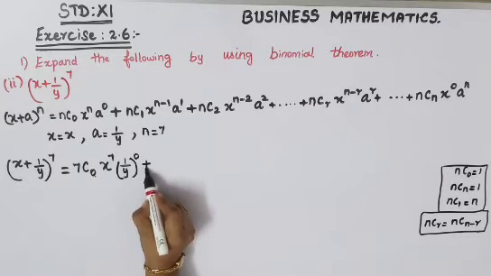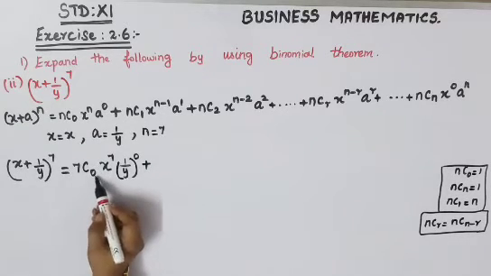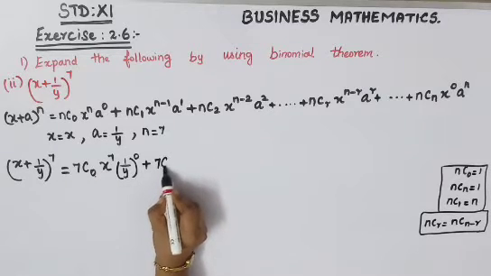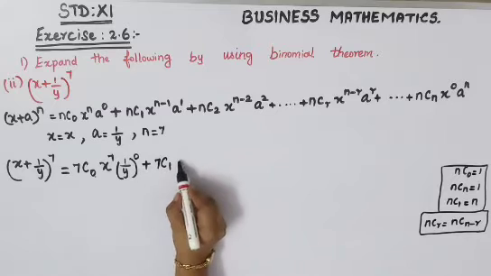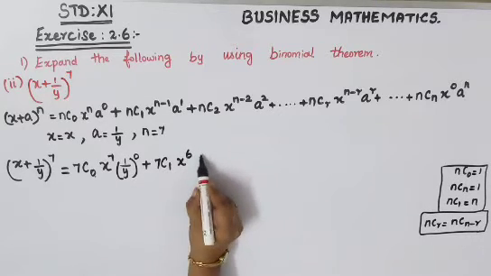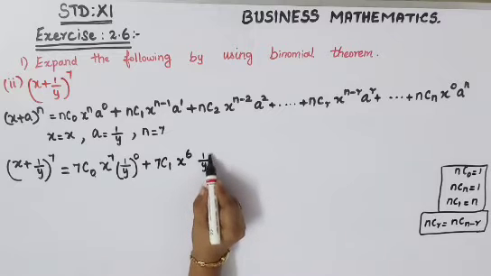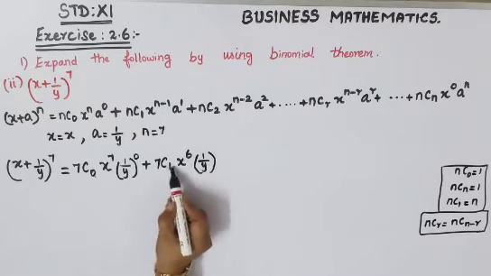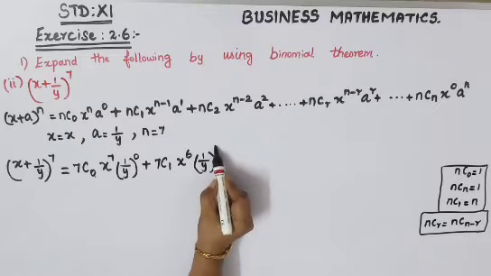So now next term is 7C1, x power 7 minus 1, so it is 6, again 1 by y power. Since you have given 0, you can increase 1. Otherwise just see this 1 and write it here as 1. Both you can do.